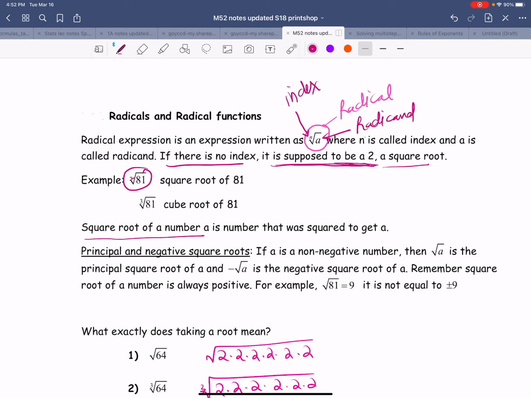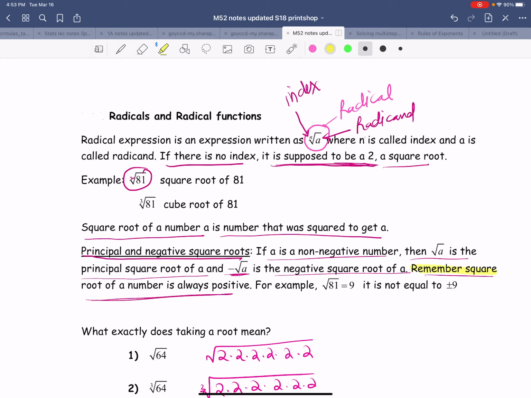The square root of a number a is the number that was squared to get a. Principal and negative square roots. If a is a non-negative number, then the square root of a is the principal square root of a, and the negative root of a is the negative square root of a. Remember, the square root of a number is always positive. Very important.